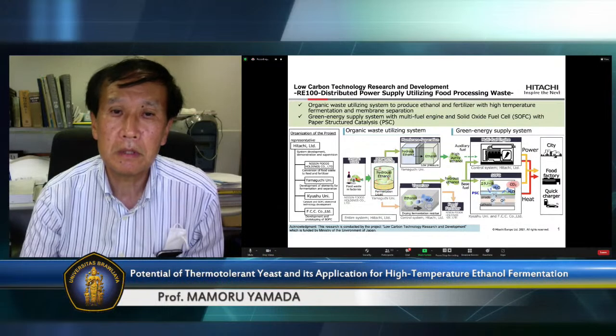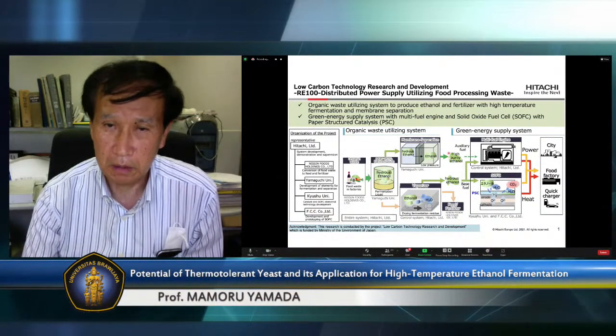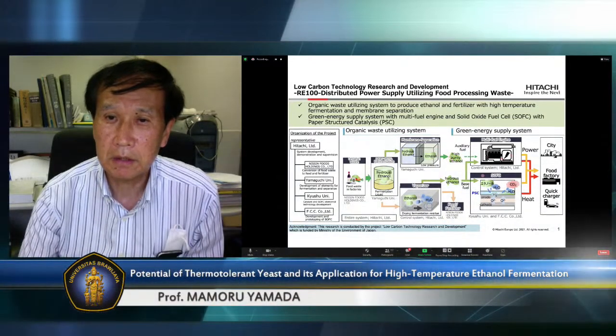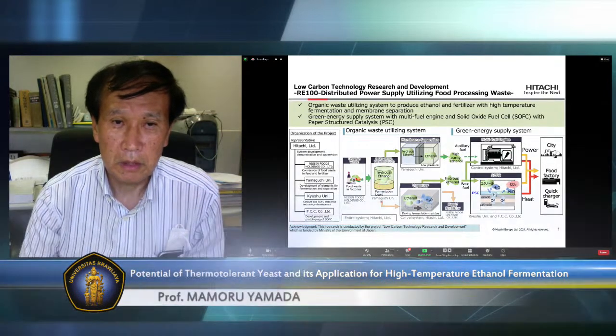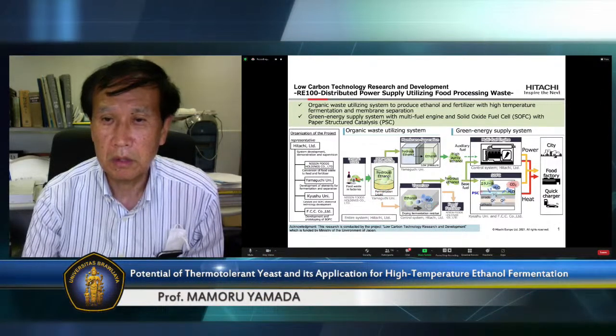And then some goes to membrane separation, and then makes the highly concentrated ethanol for starters of the engines. And meanwhile, the low concentration ethanol goes to the engines and then is converted to hydrogen and then electricity.